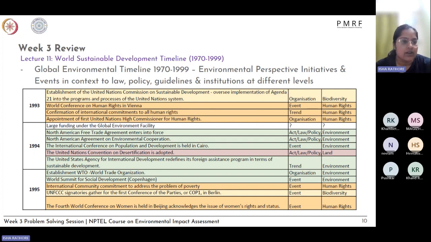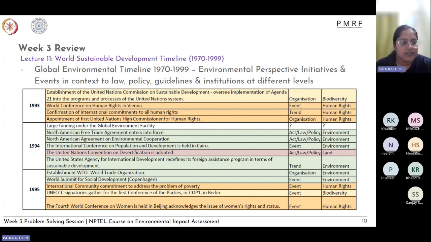We also have the North American Agreement on Environmental Cooperation, the International Conference on Population and Development in Cairo, the United Nations Convention on Desertification, and the United States Agency for International Development. It redefined foreign assistance programs in terms of sustainable development. So giving funding for programs like Indo-US programs, those kinds of foreign assistance programs.